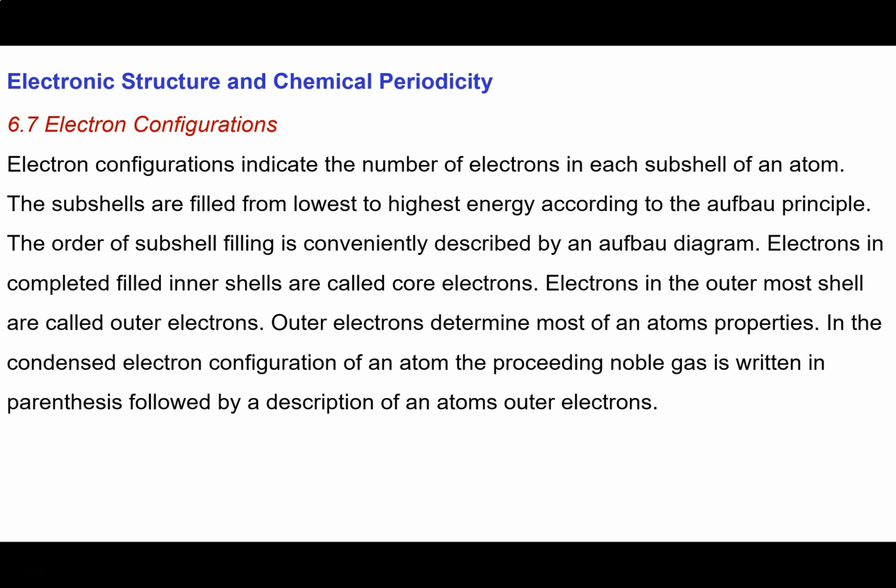When we write the condensed electron configuration, we substitute the core electron configuration with the symbol of the noble gas that comes before the element, written in square brackets. Okay.